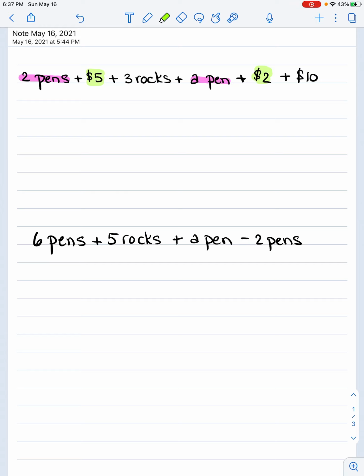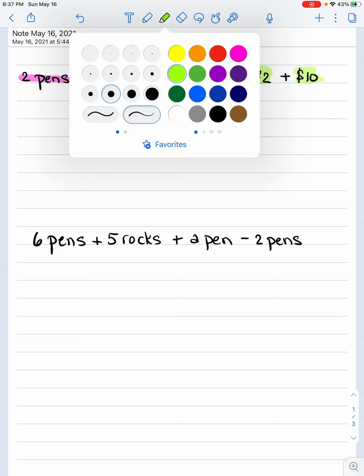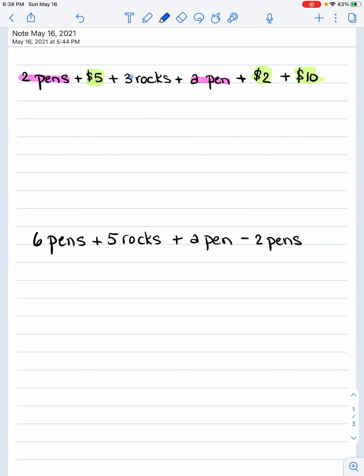So here we go. We have $5, we have $2, we have $10. And the rocks, let's do in blue. Let's see if we can combine these by looking at the color coding.